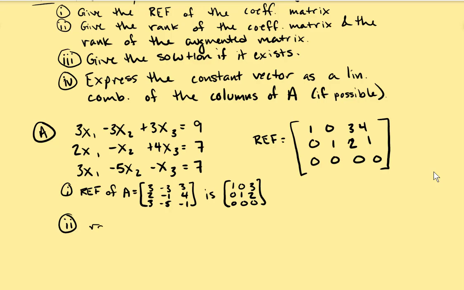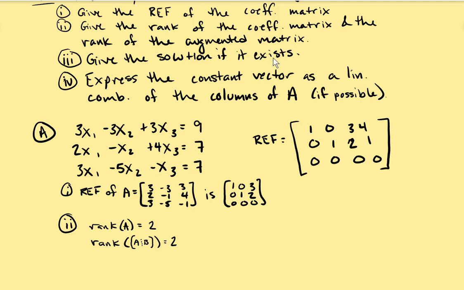The rank of A is the same as the rank of its reduced echelon form, which is just 2, because we have 2 non-zero row vectors there. And the rank of the augmented matrix, A augmented with b, is this matrix, which also has 2 non-zero row vectors, so that's 2.